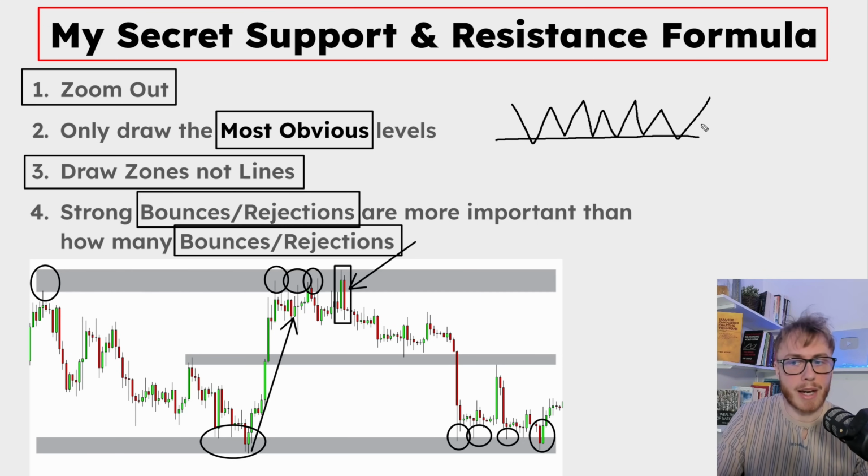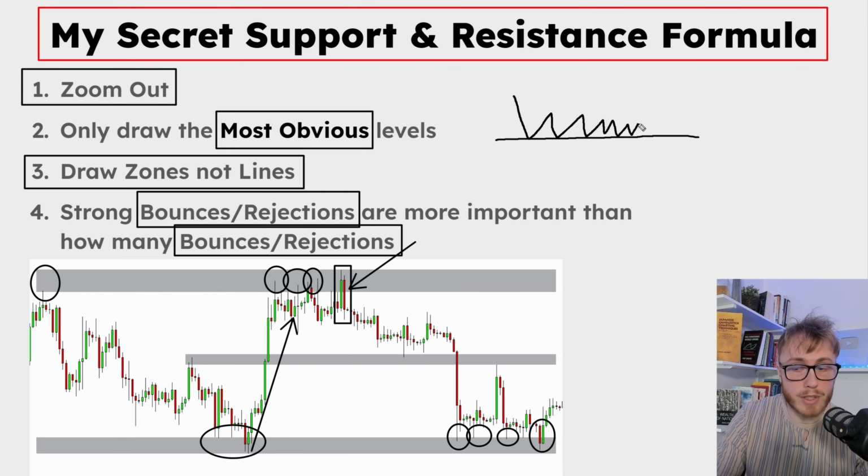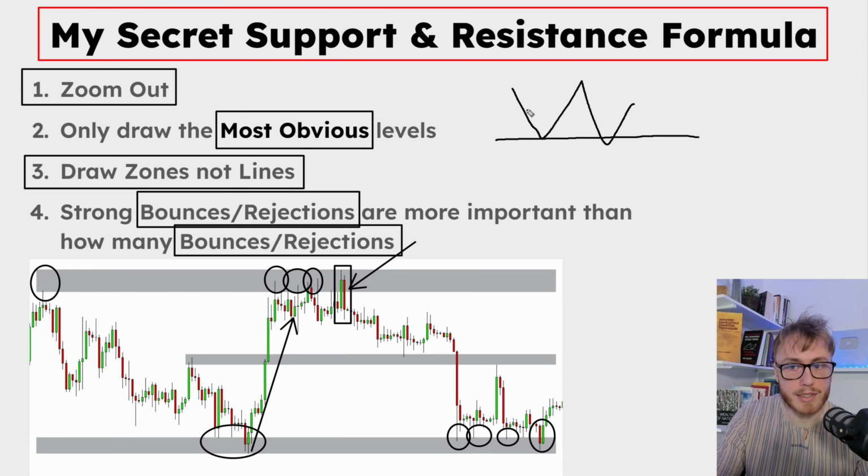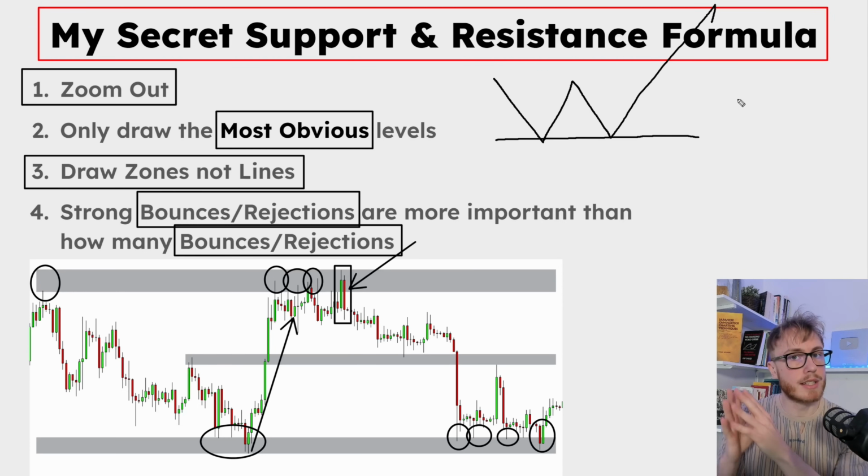And from my experience, this is not really true. Actually, we will talk about this later on in this video. Sometimes multiple reactions on a support can actually be a sign of weakness, and we will talk about why. But in my opinion, what we want to look out for here, rather than many bounces, is very clear and strong bounces on the support or resistance. So I really prefer to see strong and clear bounces compared to weak and many bounces.